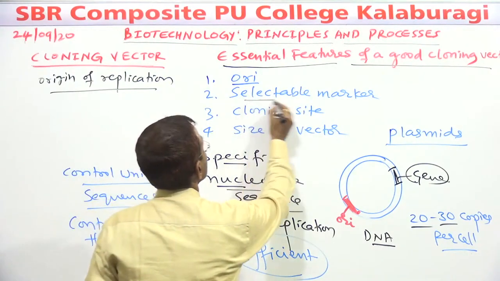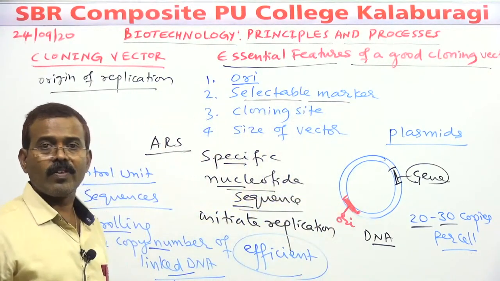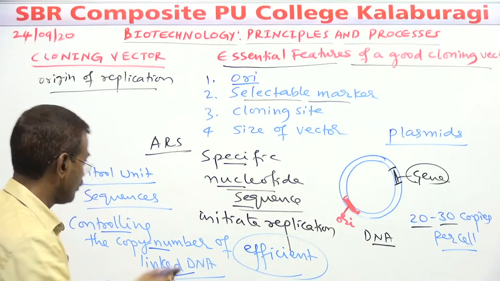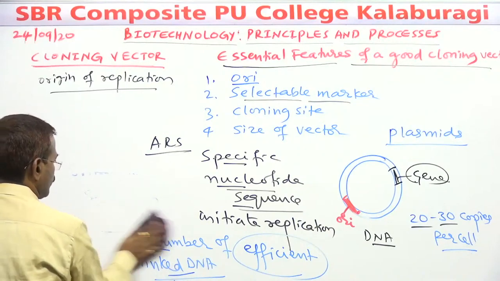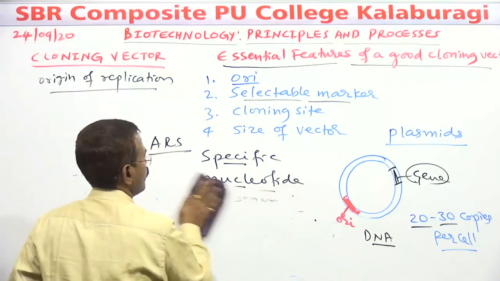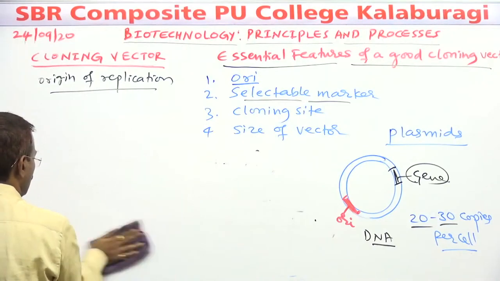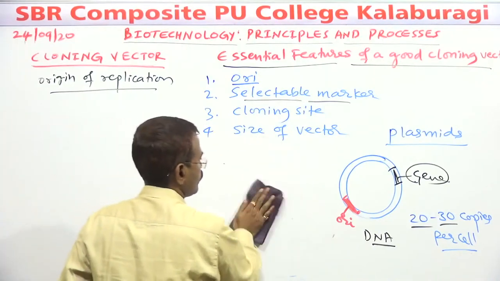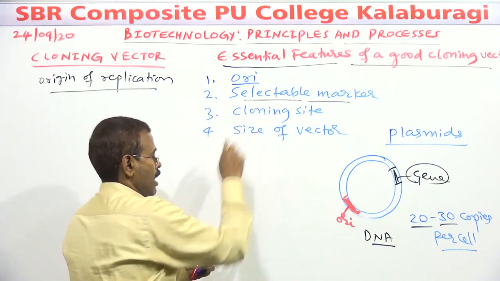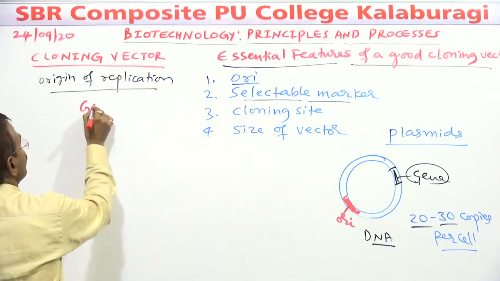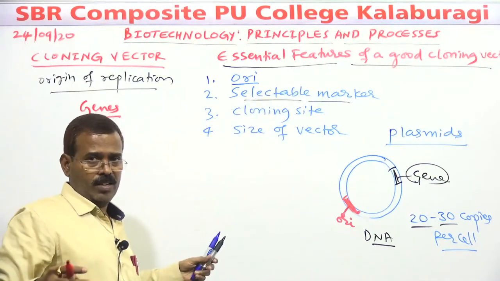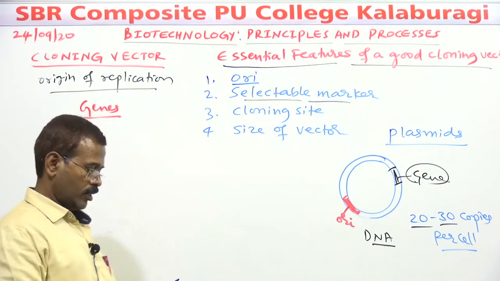Then next we have the selectable marker. So what is this selectable marker? Selectable markers are actually genes present in the vector. A selectable marker is a gene or genes present in the vector.